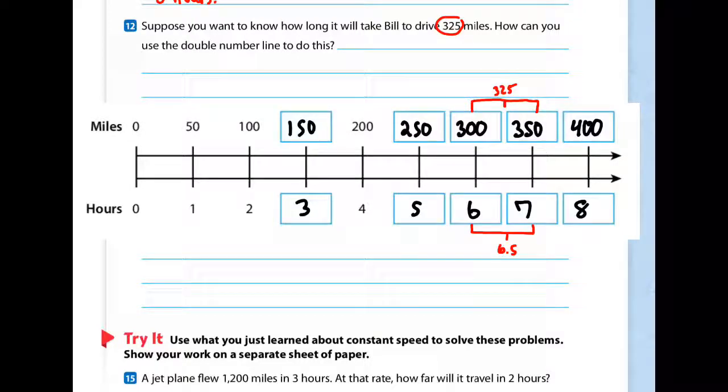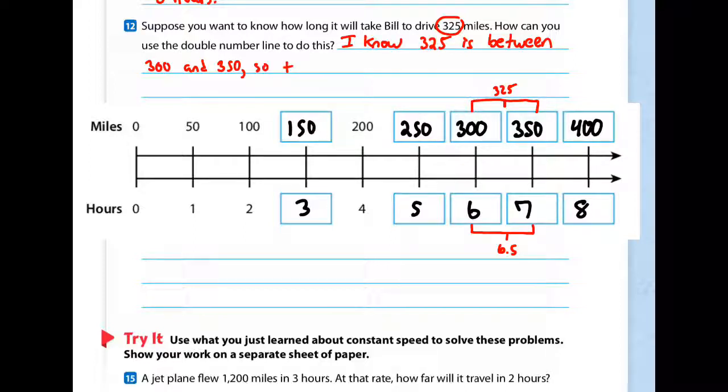Okay, so I'm just going to explain what I just did in a sentence or two. So I'm going to say, I know 325 is between 300 and 350.